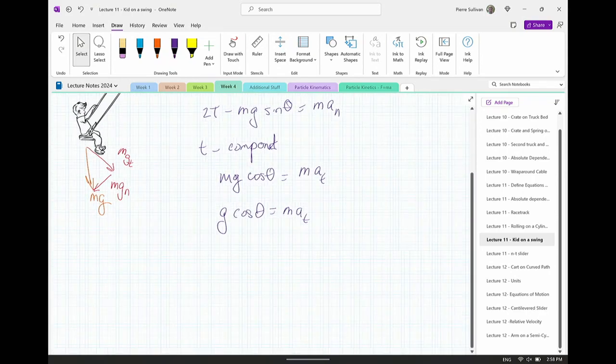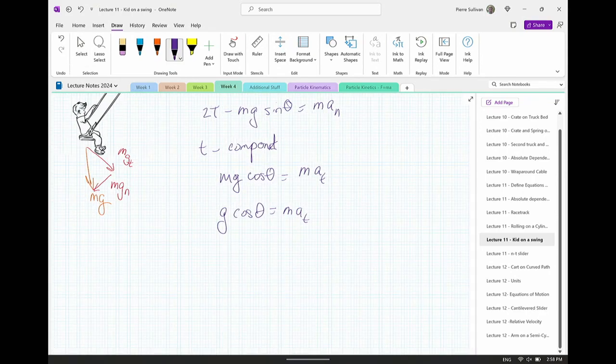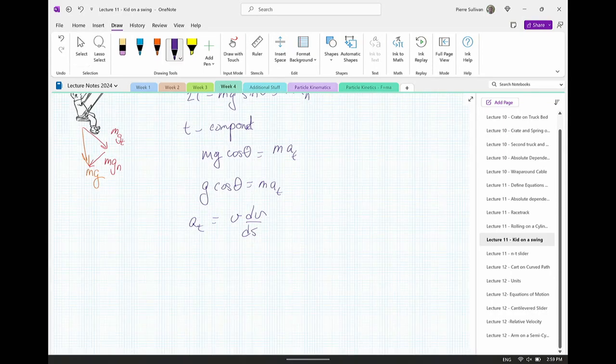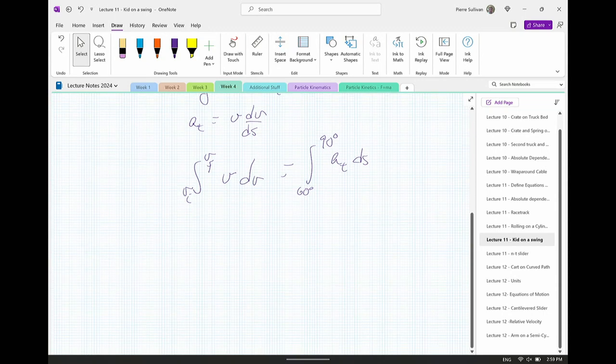So I can take that tangential component, put everything together, do the same thing I did in the first problem, but now for this, and integrate from v initial to v final, v dv, which equals, it started at 60 degrees, it ends up at 90, we'll put that in the problem later, ds.